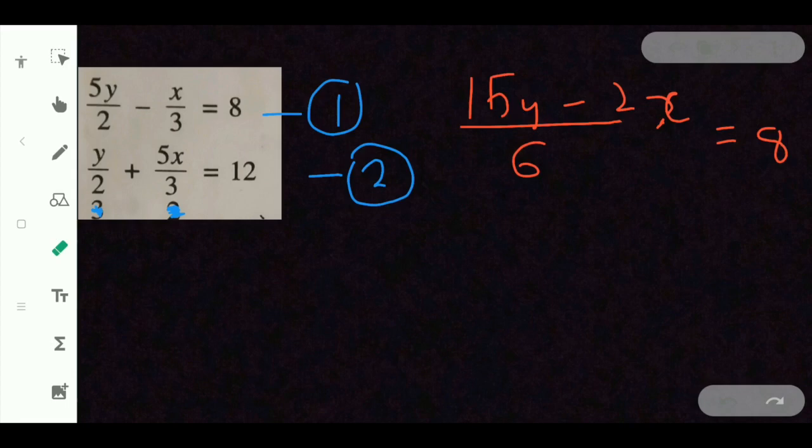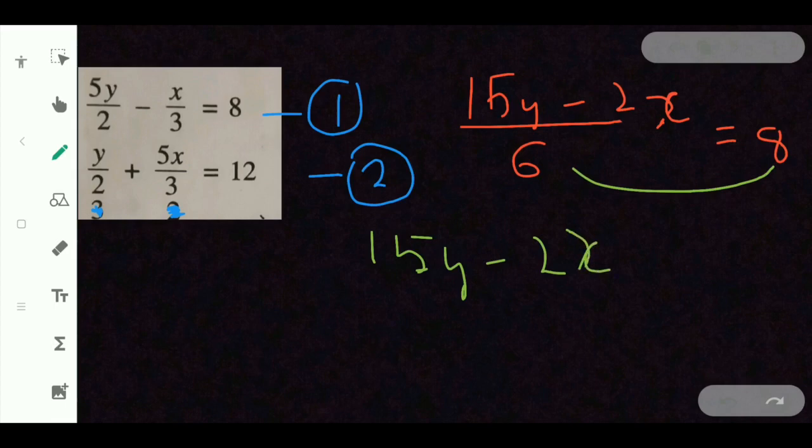Six will go to RHS, so it will become 8 into 6. So 15y minus 2x is equal to 8 into 6, nothing but 48.